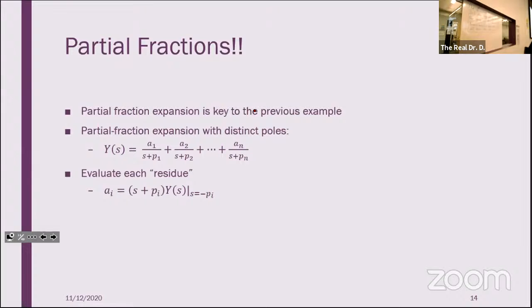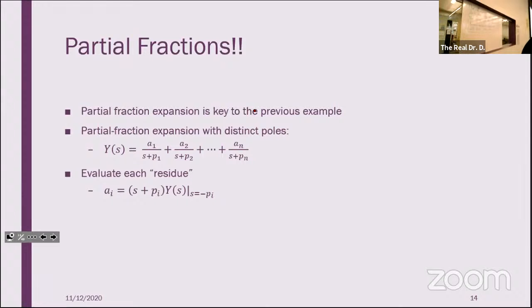For distinct poles, which is the example that we had before, distinct real roots, we get something that looks like this, where y of s is equal to a1 over s plus the pole. We had a pole at 0, so that was just s plus 0, which is s. So this is the general definition of how partial fractions work.